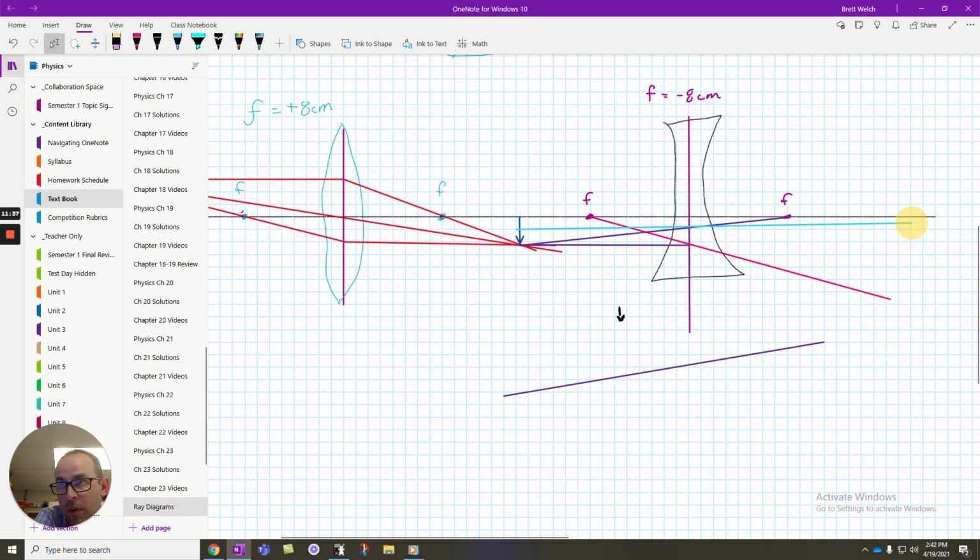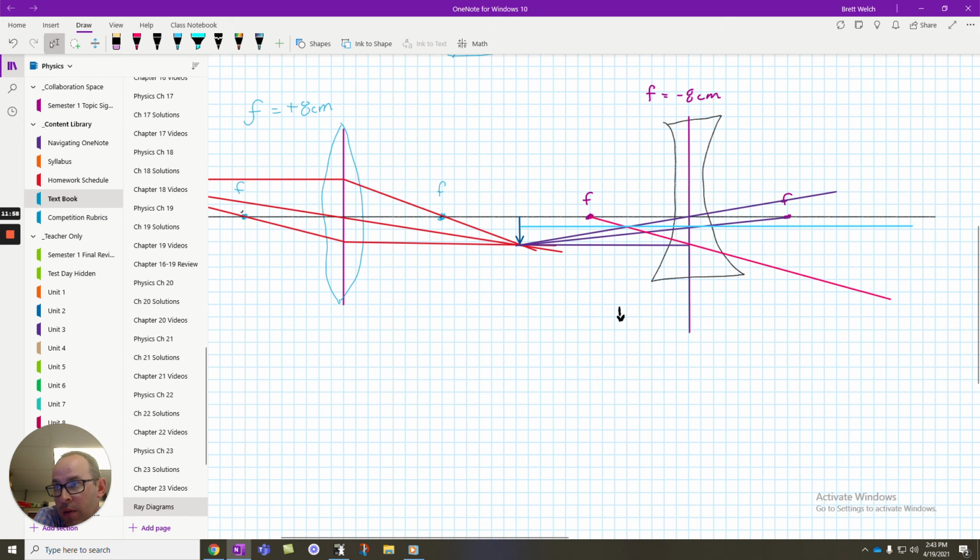I need to pull this up just a little bit. All right, so right about there. As soon as it hits that lens, it's going to come out parallel, so it'll never actually hit this focal point. And then the last ray is the ray that goes through the center.